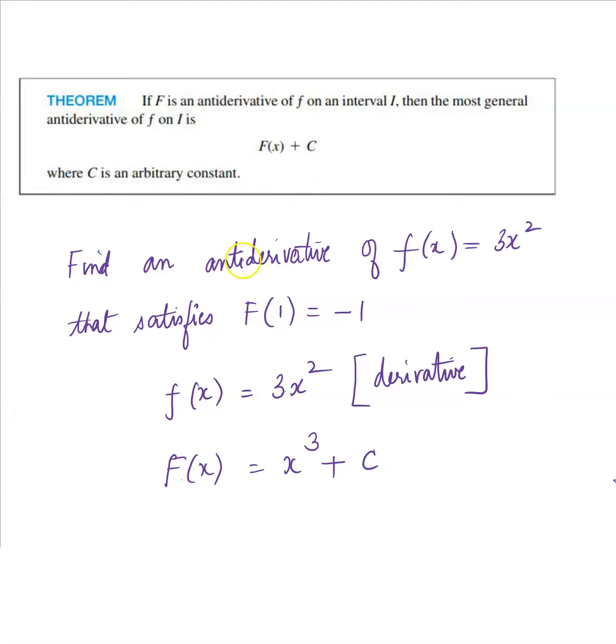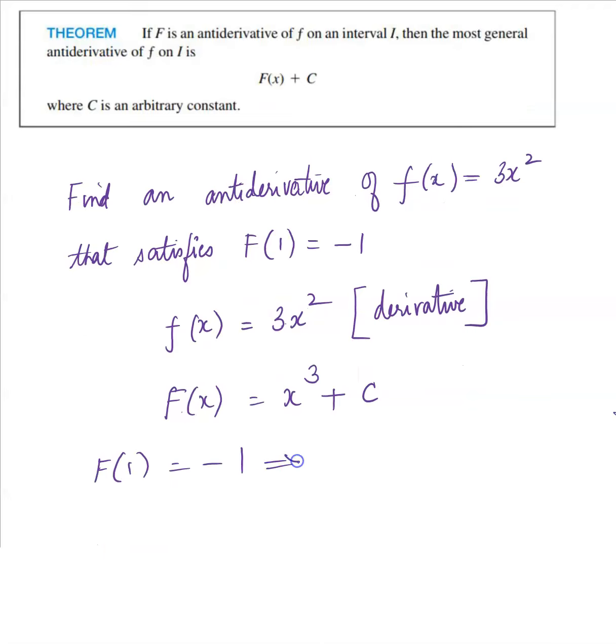Therefore, the question's language, find an antiderivative, says you want to find a specific F of x, a unique F of x. And for that, they gave us this extra hint. They said that it satisfies F of 1 equals negative 1. So in the function that I just found, if I plug in x as 1, then it's 1 cubed plus c, and we're told this is equal to negative 1.